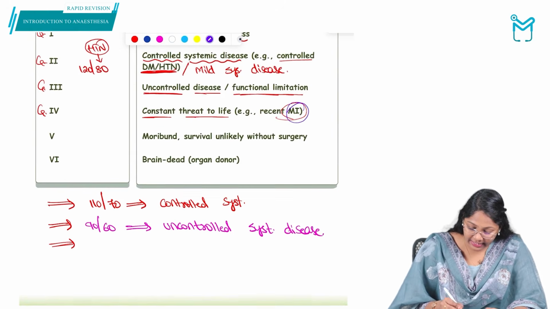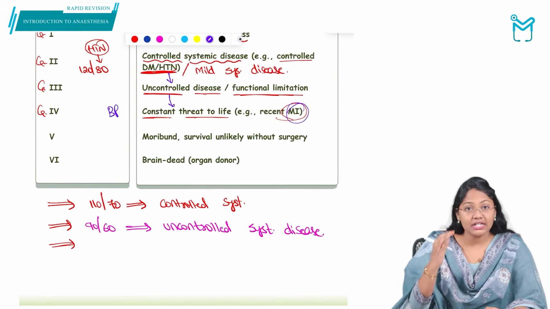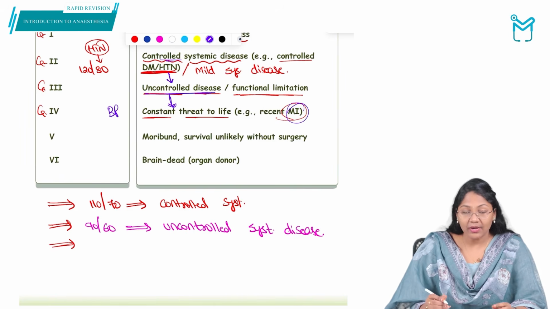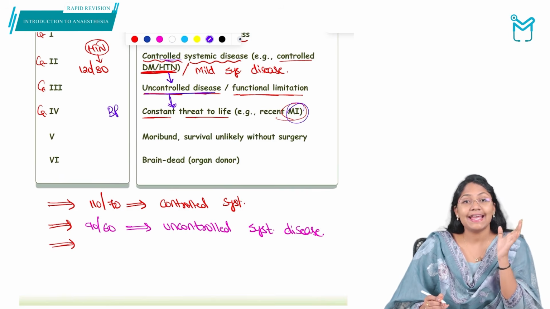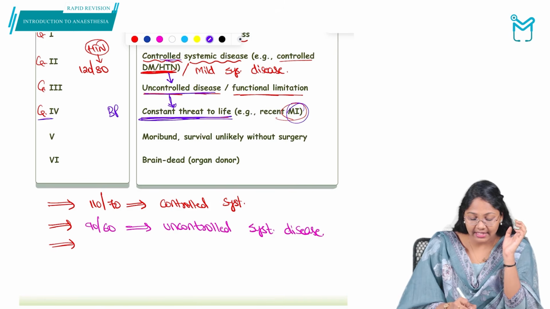So due to uncontrolled disease, as you can see, I have measured it one by one: controlled systemic disease, uncontrolled systemic disease, and when there is a constant threat to our life, this is considered grade 4.